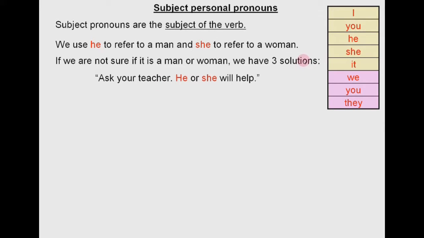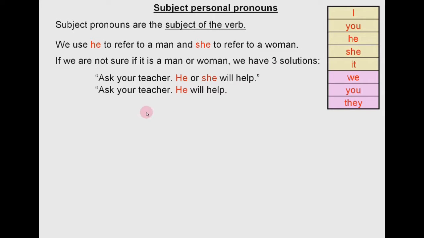First solution, we can say he or she. So for example, if we do not know if a teacher is a man or a woman, then we can say, ask your teacher, he or she will help. So in fact, we say both of them, he or she.